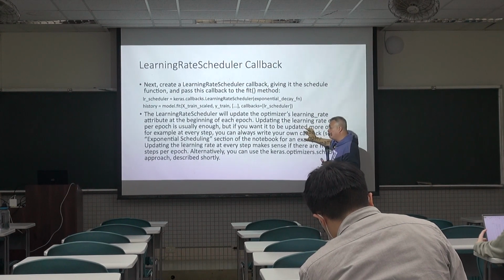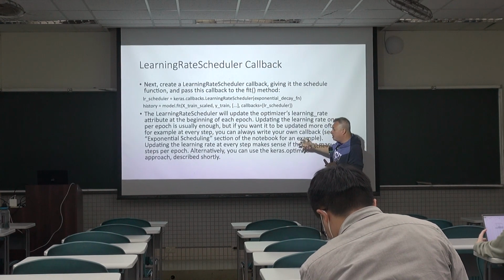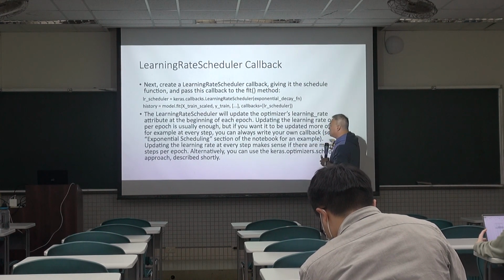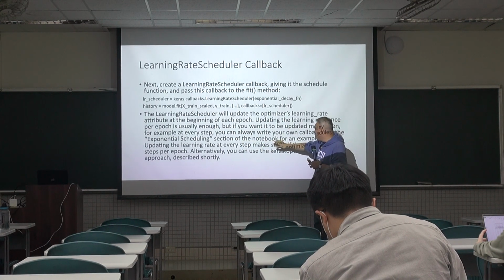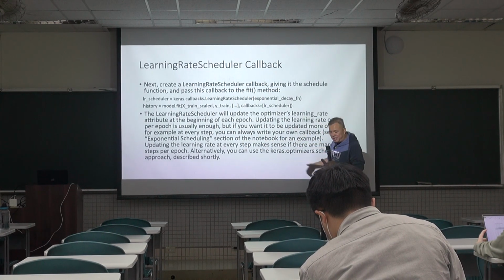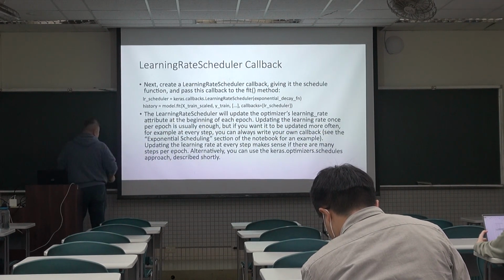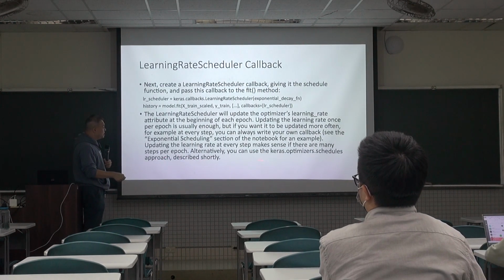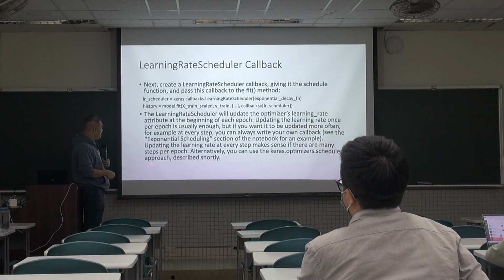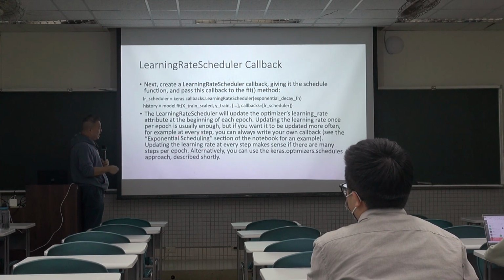You can write your own program. We even have an exponential scheduling section in the notebook provided by the textbook, and you can check it out. Updating the learning rate at every step makes sense if there are many steps per epoch, so it depends on your setting.